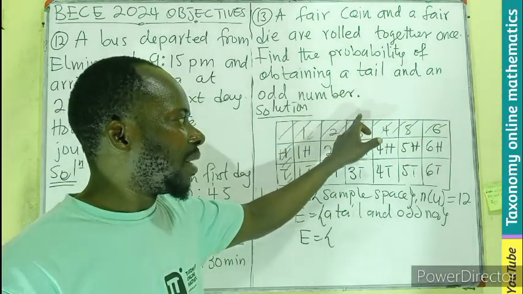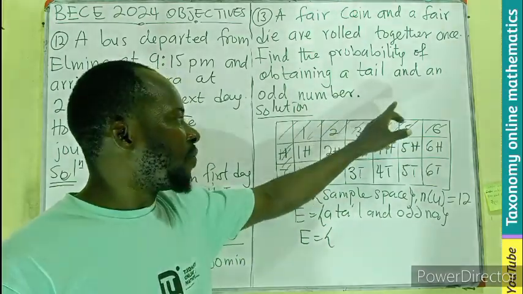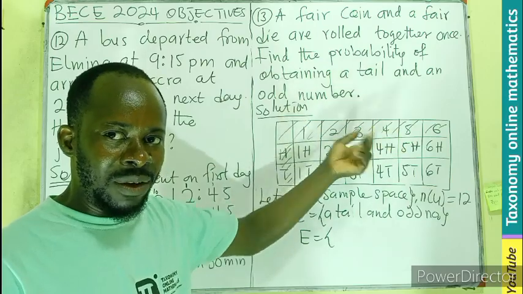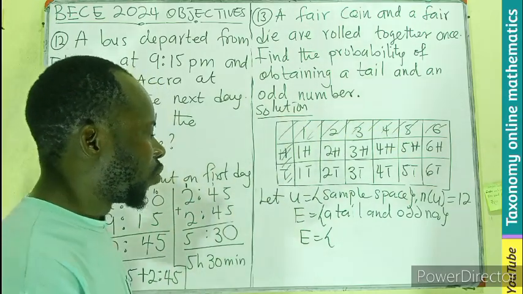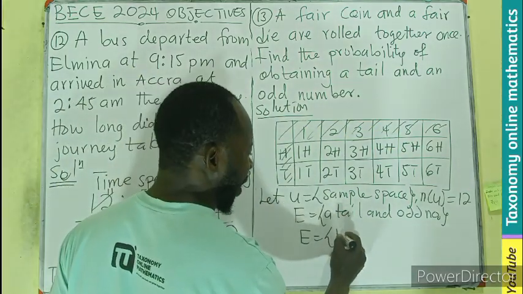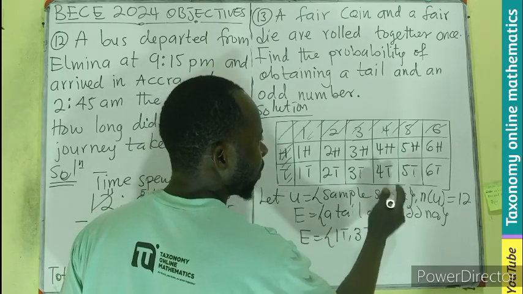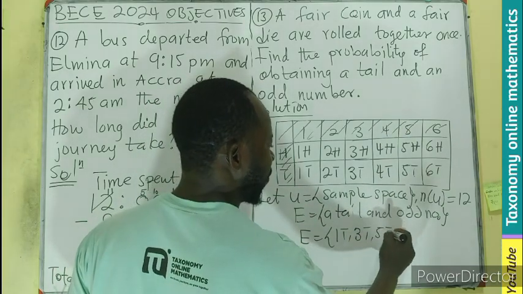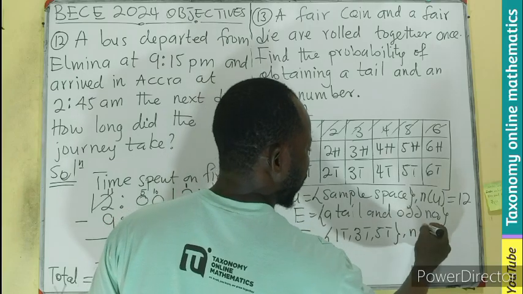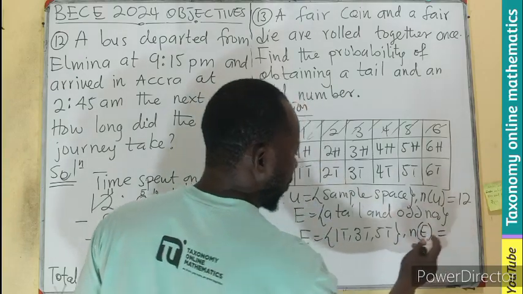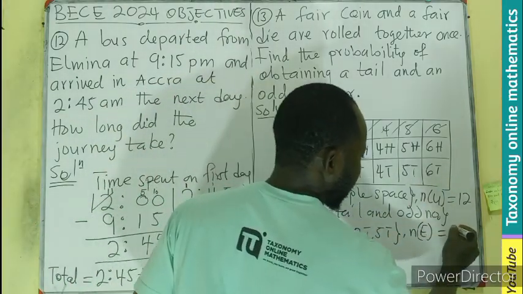Those are going to be the odd numbers you are going to encounter. So if that is the case, you'll be having 1T, 3T, then 5T. Number of E will now become 1, 2, 3.